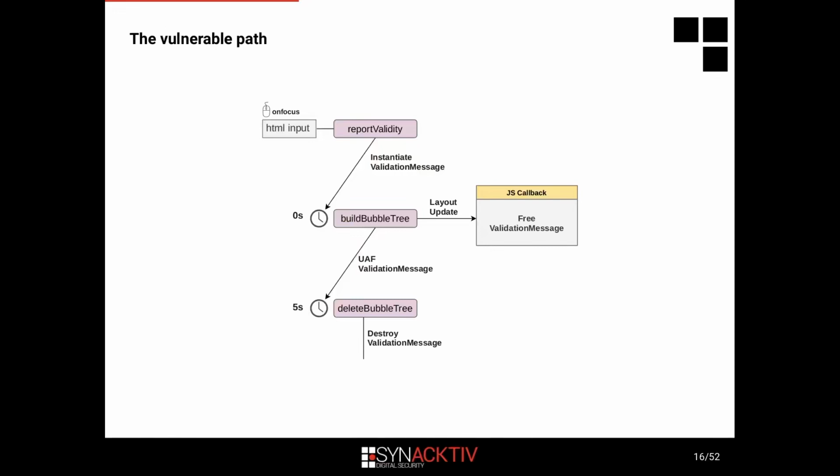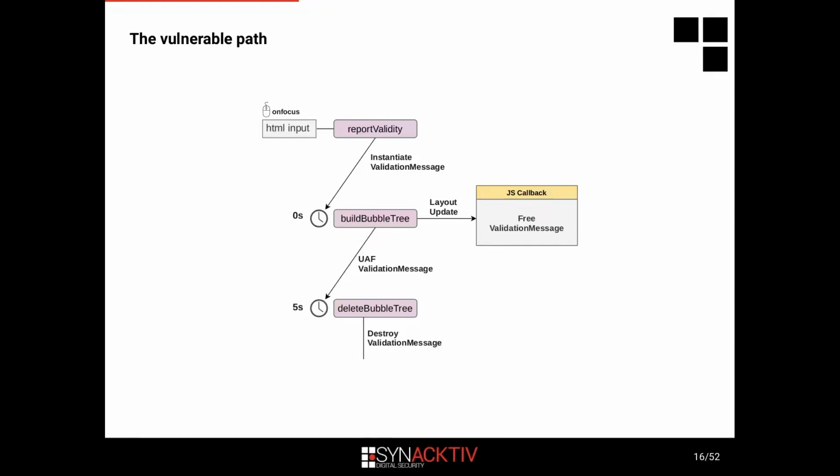And then this function report validity will also fire up a timer to call our vulnerable function, build bubble tree. And if we set the focus on our input field before timer expiration, then build bubble tree will make a call to update layout, and update layout will call our JS callback.